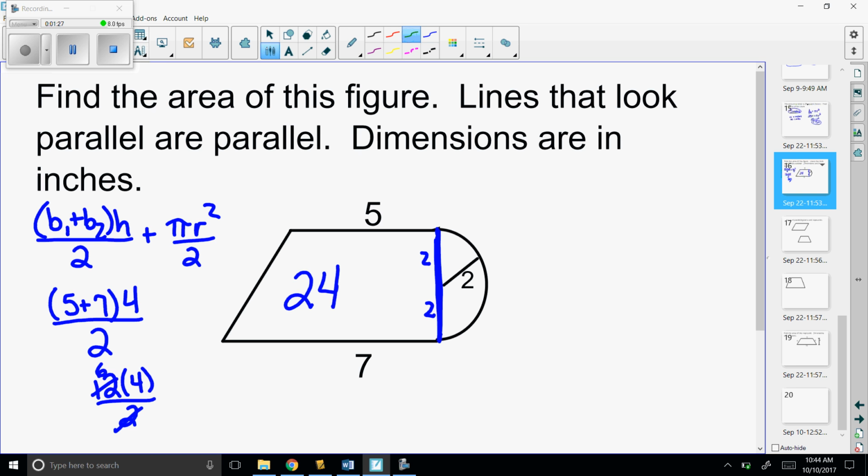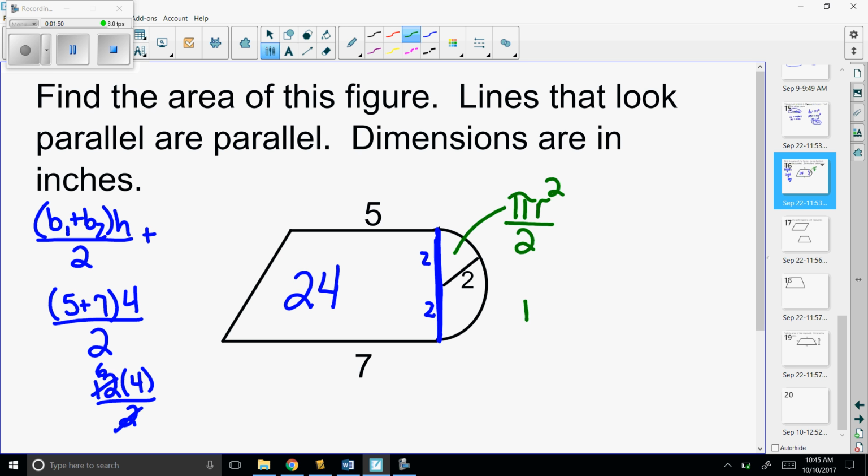Now, if I look at just the area of the circle, it's a semicircle, so I have to take the formula for a circle, which is pi r squared, and I have to divide it by 2. Well, that looked really messy, so let's just start that over again. The semicircle portion is going to be pi r squared, but since it's a semicircle, I'll go ahead and divide it by 2.